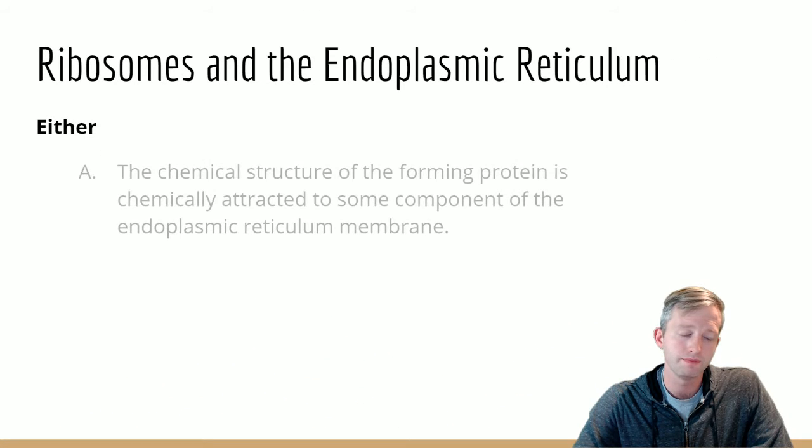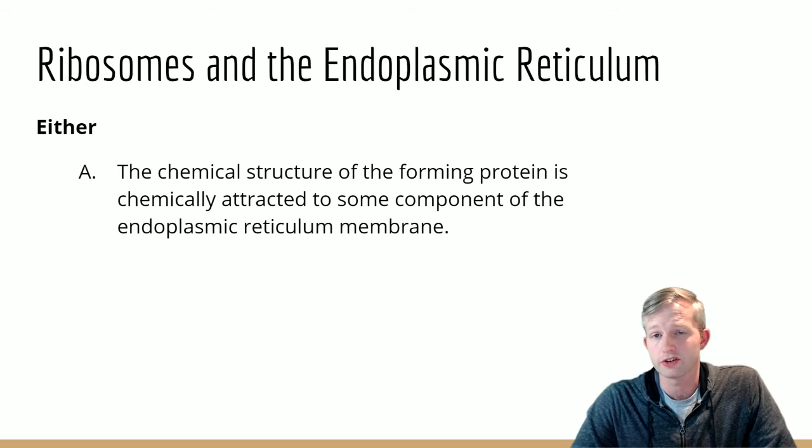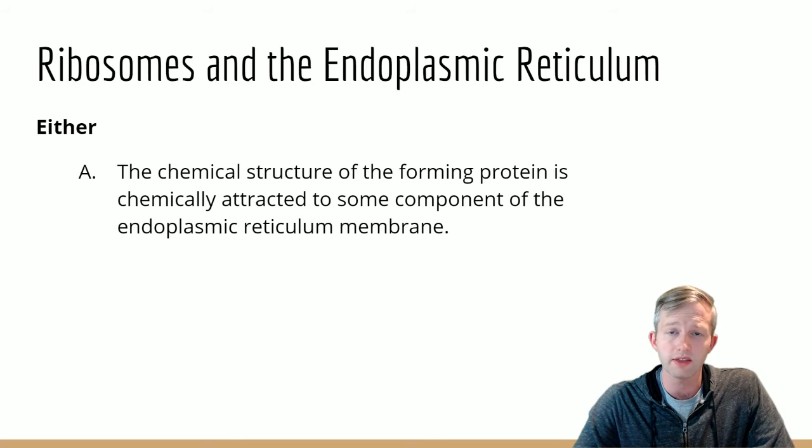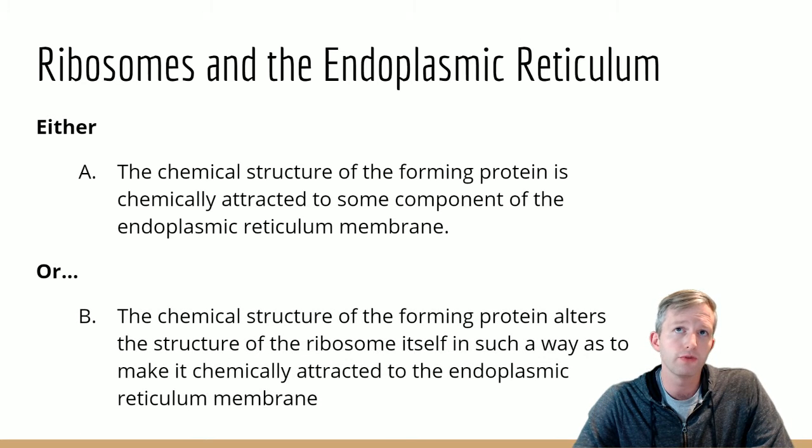Either the chemical structure of the forming protein perhaps is chemically attracted to the ER in some way that draws it towards it. It's a reasonable guess. Or maybe, as the protein is forming, it causes a change or a shift in the shape of the ribosome itself. The ribosome is actually constructed of RNA and proteins itself, so it would be very susceptible to chemical interactions around it.